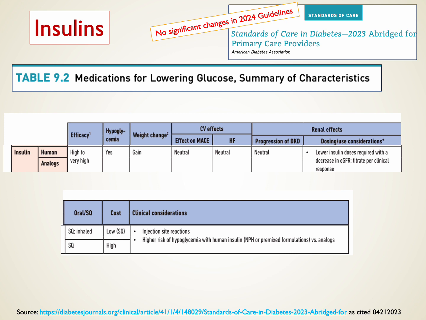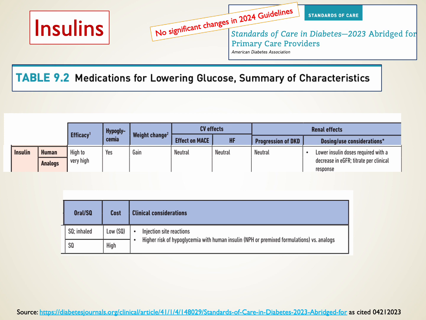And then in renal effects, whether it delays the progression to diabetic kidney disease, and any other considerations in dosing that particular drug may have. They also indicate whether the drug is available orally or subcutaneously. They share what the costs are, and then they talk about any other clinical considerations.